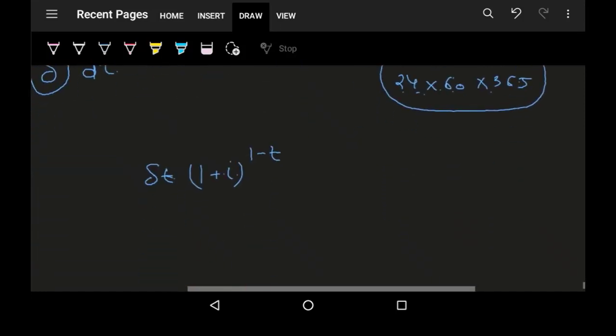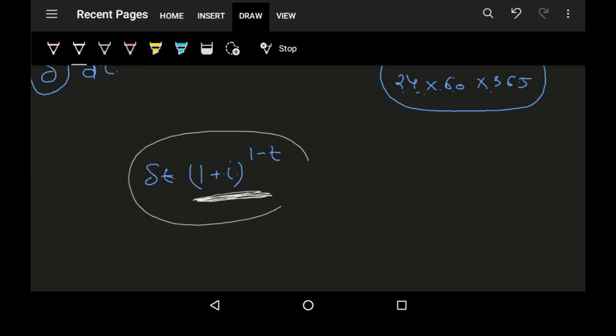When we use the annual effective rate and put something in that power, this term gives us the accumulation factor for a 1 minus t time period. So this term actually gives me the accumulated value of delta dt at time 1.